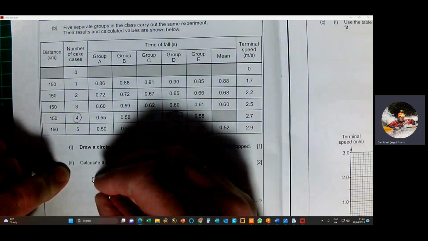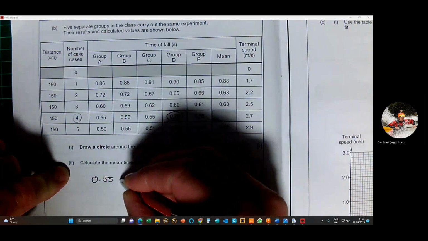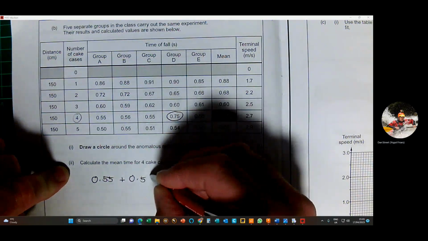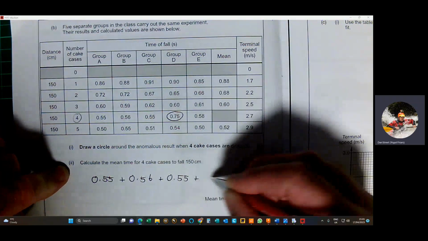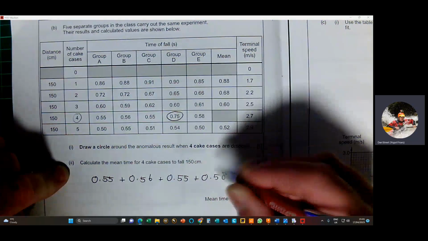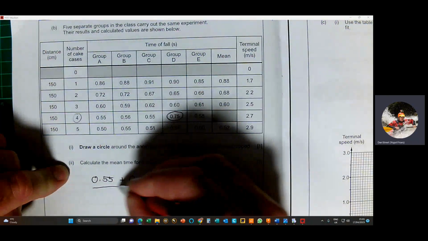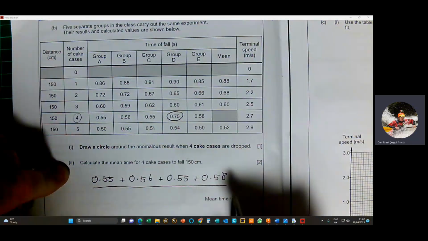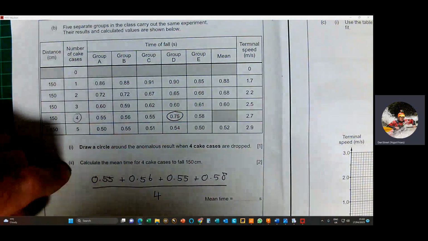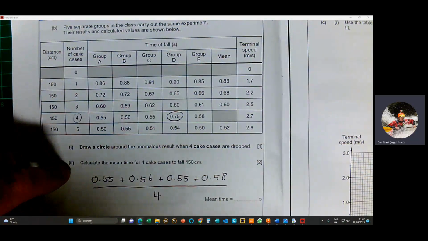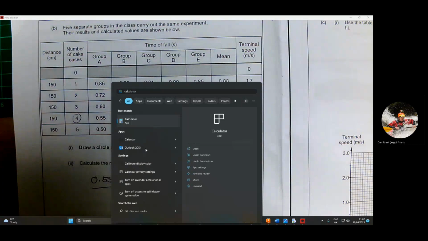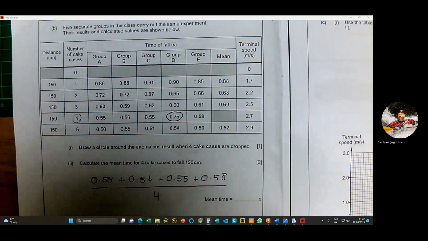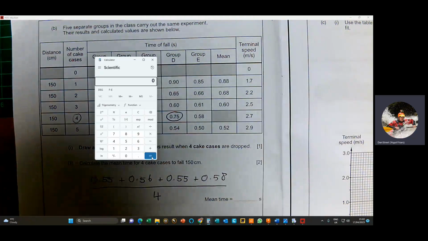So our calculation would be 0.55 plus 0.56 plus 0.55 plus 0.58. We don't use the 0.75, and then we divide all those by 4 because there are 4 values there. So if we use a calculator, which is something that you really should make sure you have with you in all your exams. So let's just ensure we get this correct.